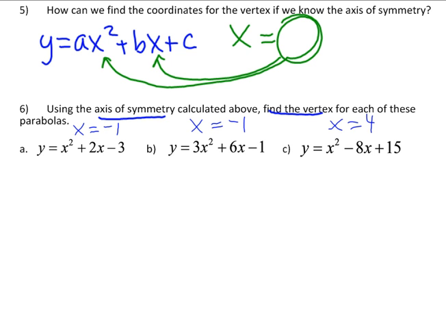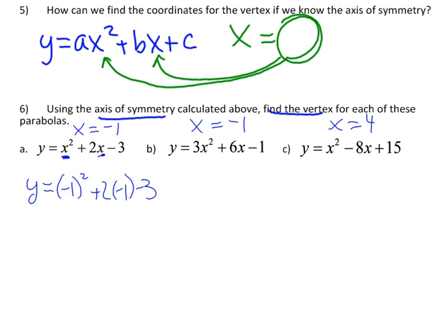We're going to use those values and plug them in for x in order to find y, because we want to know what is y when x equals -1. So y is equal to (-1) squared plus 2 times -1 minus 3. I'm just plugging x right into that equation.